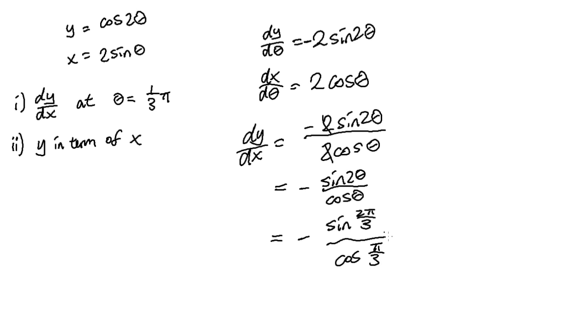In the calculator, sine of 2 pi over 3 is root 3 over 2, divided by cosine of pi over 3, which is a half. Dividing by half means multiplying by 2, so that would be negative root 3 as the exact gradient.